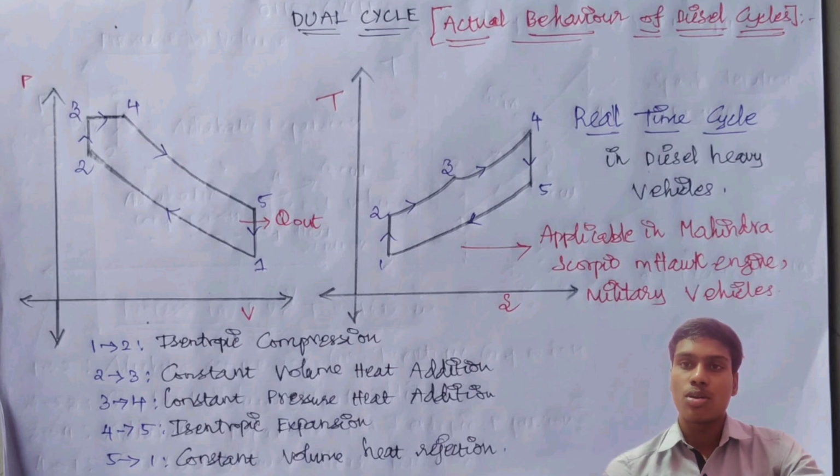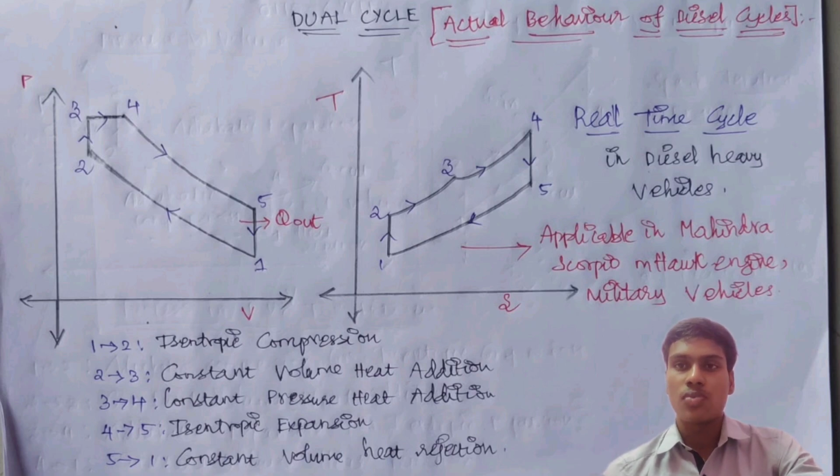The unit of specific entropy, as I already mentioned, is joule per kg Kelvin. If you are talking about normal entropy without considering unit mass, then we say it is joule per Kelvin. So this is the basic difference. We are providing temperature versus specific entropy, not temperature versus normal entropy without considering the mass.